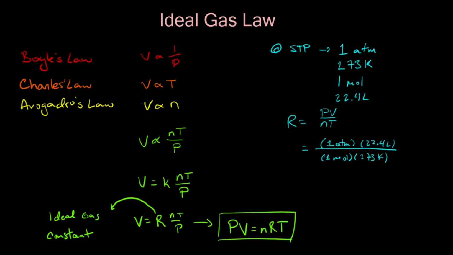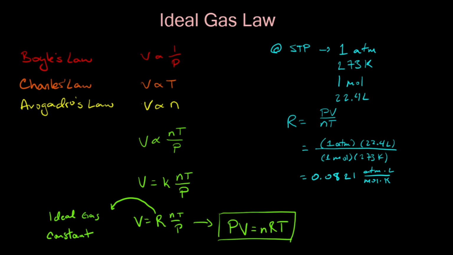You could do this again for SATP or really any combination as long as they work. So this gives us an R value of approximately 0.0821. And the units here are atmospheres, liters per mole, Kelvin.